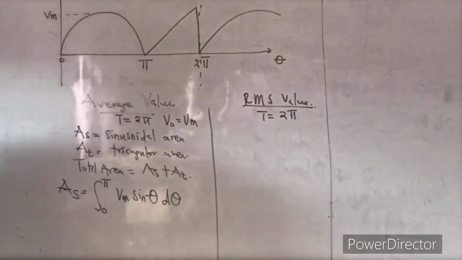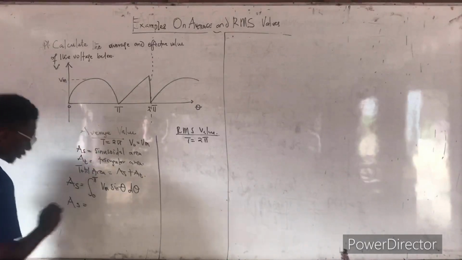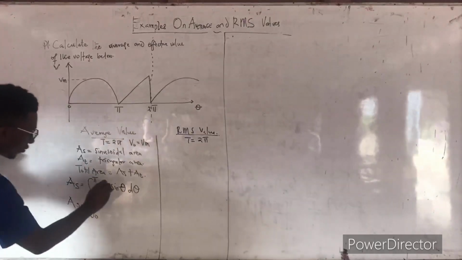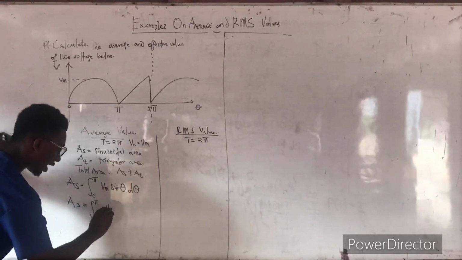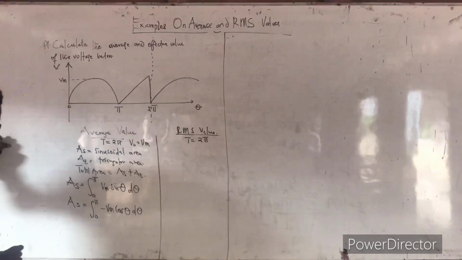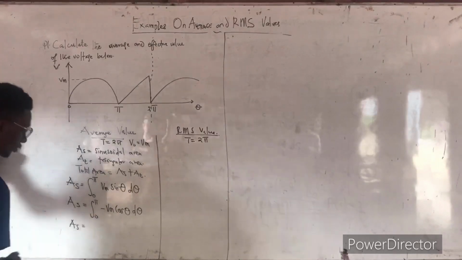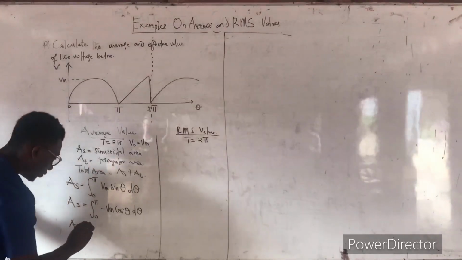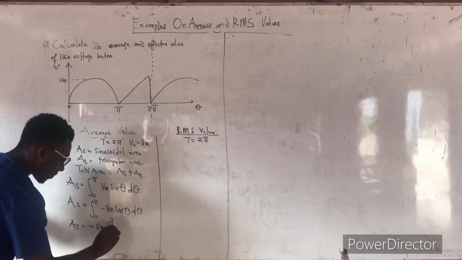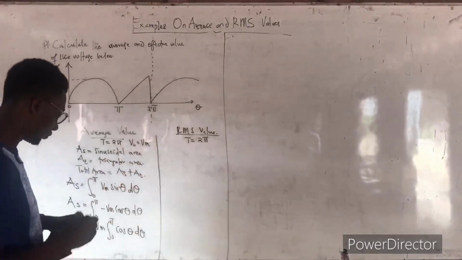Okay, so now how do you find the AS? So the AS simply becomes this. Now we change this to cos, which will give you minus Vm cos theta d theta. And we can bring the Vm out, so it becomes minus Vm, the integral from 0 to pi of cos theta d theta.